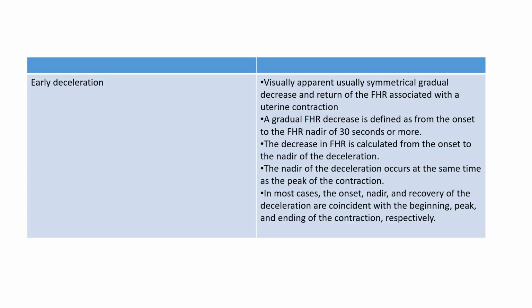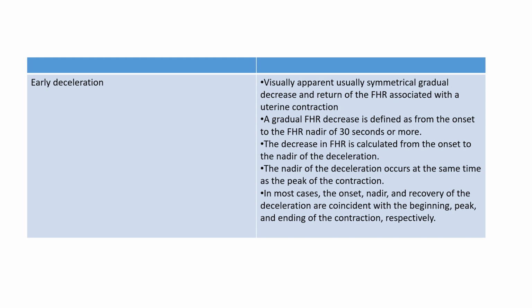Then we go into the definitions of deceleration. The first definition is what we call early deceleration. Early deceleration is called early because it occurs early with the contraction. It's basically a mirror image of the contraction, and it doesn't have any pathological significance.